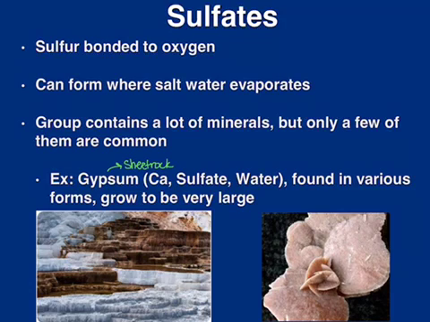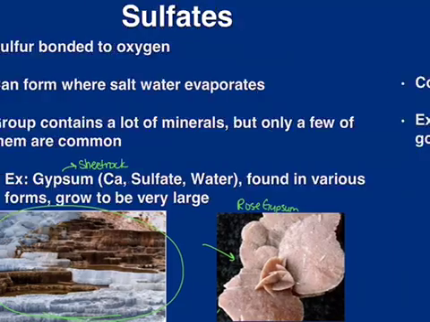It's found in various forms, and it can grow to be very, very large. So all of this in this image is gypsum, as well as right here. This is, I think, called rose gypsum, because of the color and the shape.